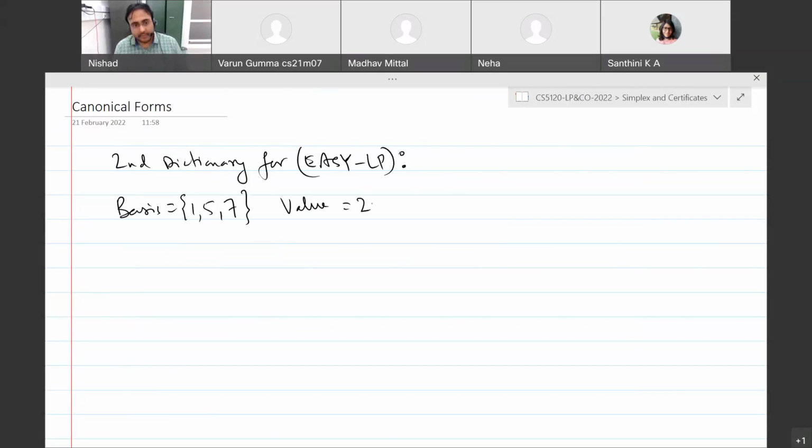You might recall we found an optimal value of 21. So this was basically the dictionary before that one. And here is what our dictionary looked like. The objective function is here. And the basic variables x1, x5, and x7 are all written in terms of the non-basic variables, just like the objective function, right?